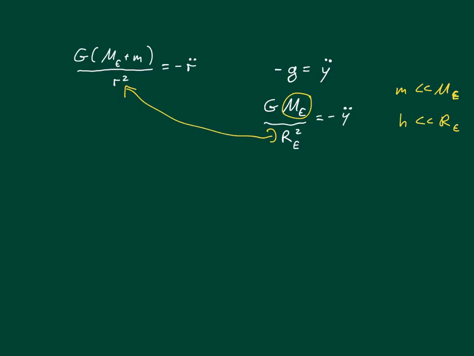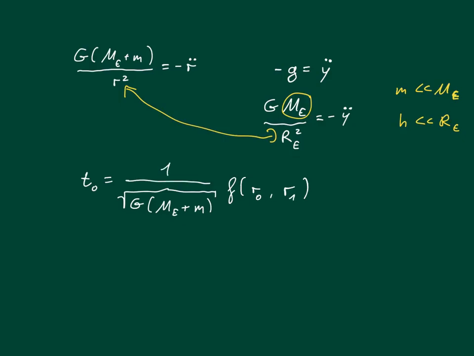And from the form of the differential equation, this one, we can immediately say that the falling time, we called it t0, will be a function which is proportional to 1 over the square root of G times the sum of the Earth mass and the object with the mass m, times a function which depends on the initial distance between both objects and the final distance, so the distance where both collide.